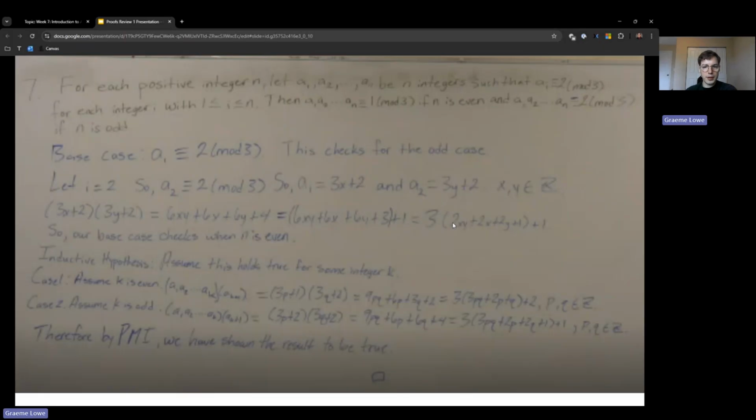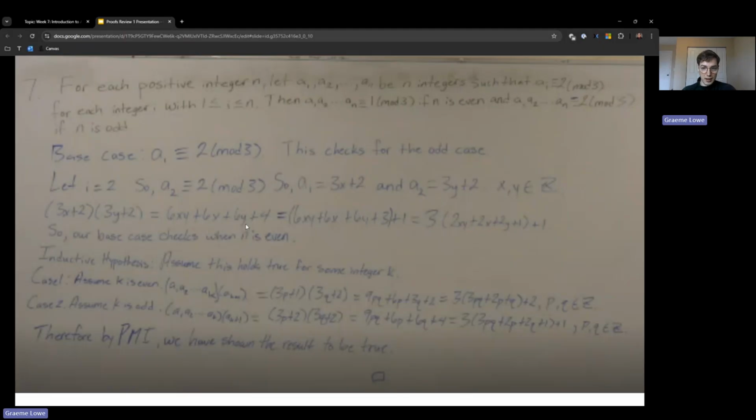We get 3 multiplied by 2xy plus 2x plus 2y plus 1. And then all of that plus 1, which is another way, when we go back to the different ways to write mod, to basically say 3 times something plus 1 is equal to this over here.